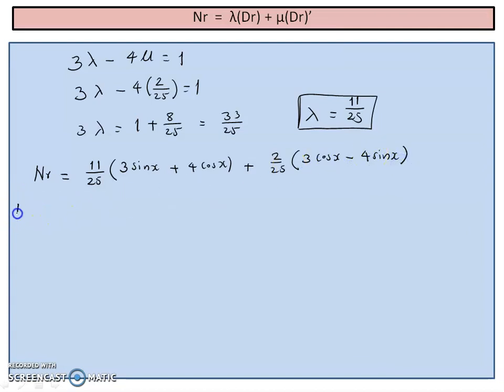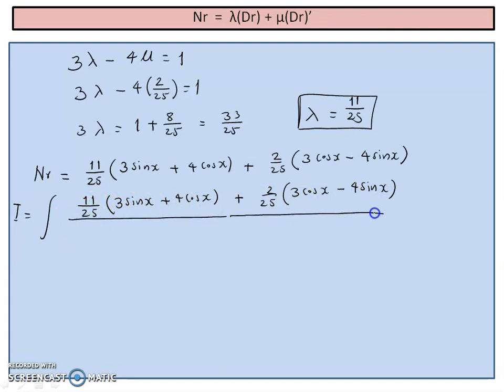Now my integration I becomes integral 11 upon 25 into 3 sin x plus 4 cos x plus 2 upon 25 into 3 cos x minus 4 sin x, divided by denominator. What is denominator? As it is, 3 sin x plus 4 cos x.